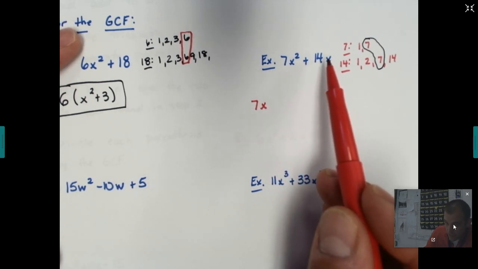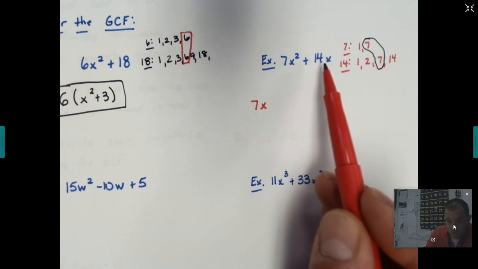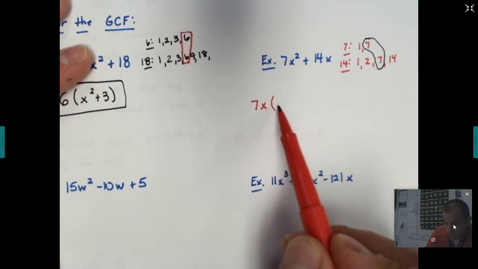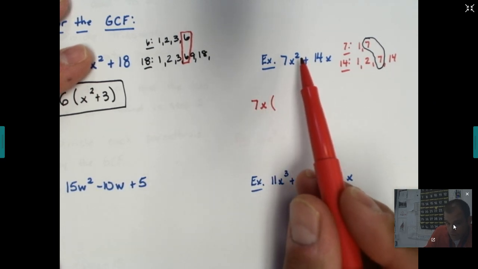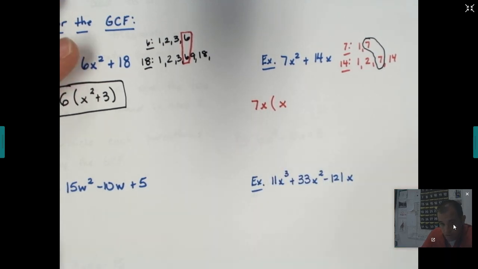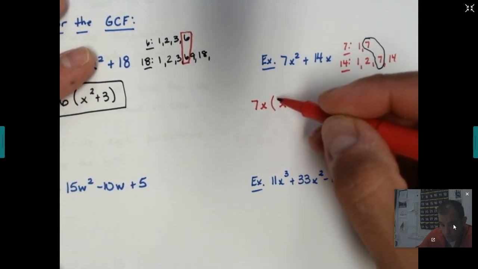Because if I tried to take out 2 from this one, I would be stuck. It only has 1. I can't take 2 away from 1. So then let's divide. 7 divided by 7 is 1. I had 2 x's. I took 1 away. That leaves me with just 1x. And you could write the 1 in front of the x if you wanted to. Doesn't matter.